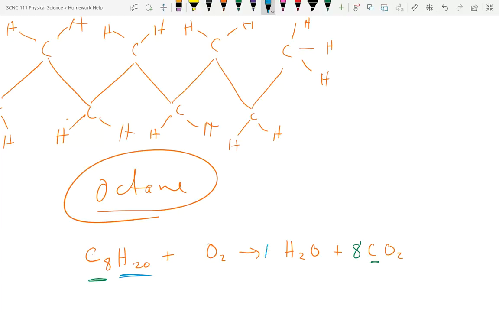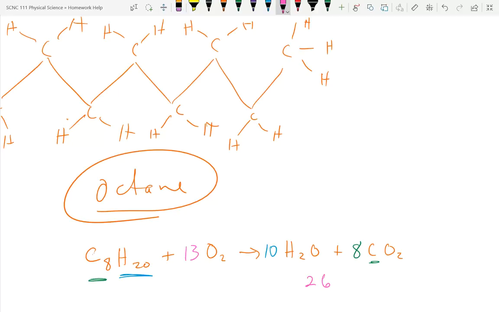We're going to have 10 water molecules. And then finally, on the right-hand side, we have how many oxygens? Actually, 8 times 2 is 16, plus 10 is, so we have 26 oxygens, so that means how many O2s do I need here? So there we've balanced the equation for burning octane.